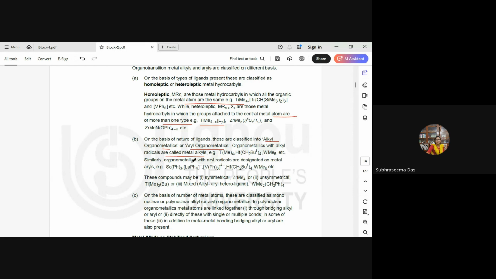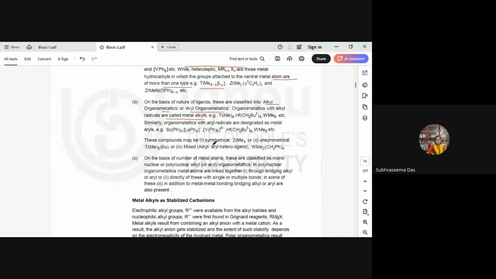Then organometallics with aryl radicals are designated like ScPh3, LaPh4. These compounds may be symmetrical like ZrMe4, or unsymmetrical like TiMe3Bu, or mixed in nature, like in this example, WMe2(CH2Ph)4. So they are mixed, that is, they contain both alkyl and aryl ligands.